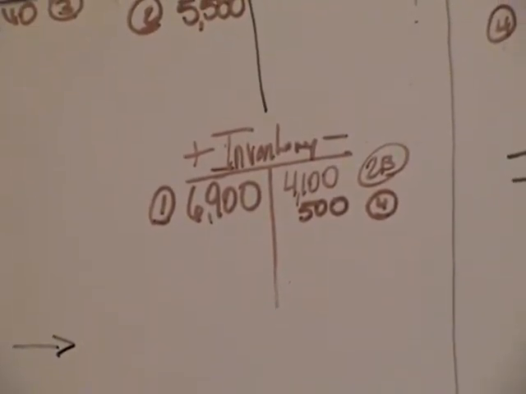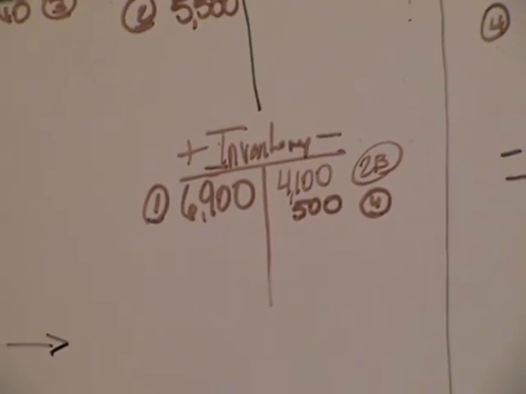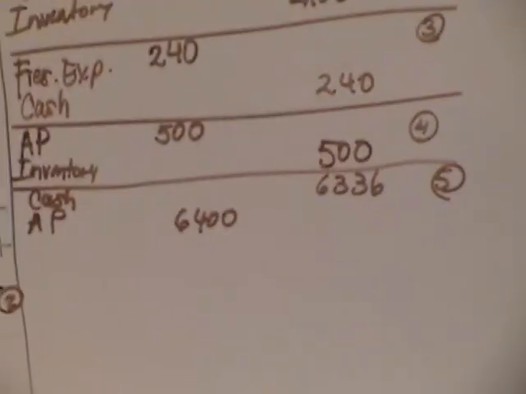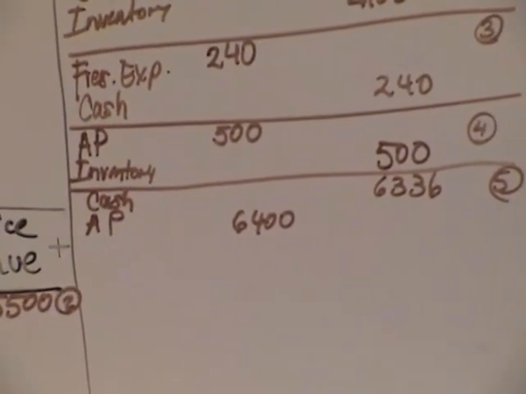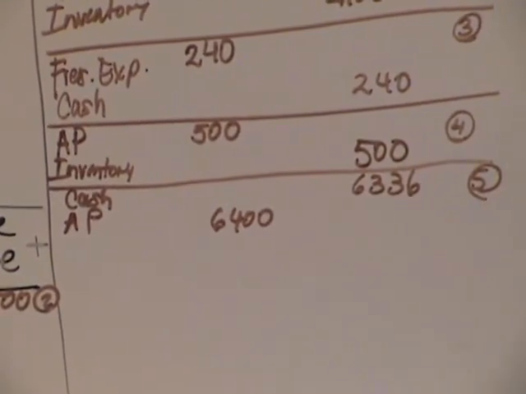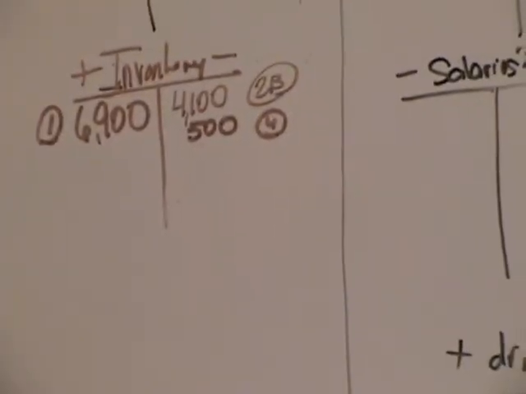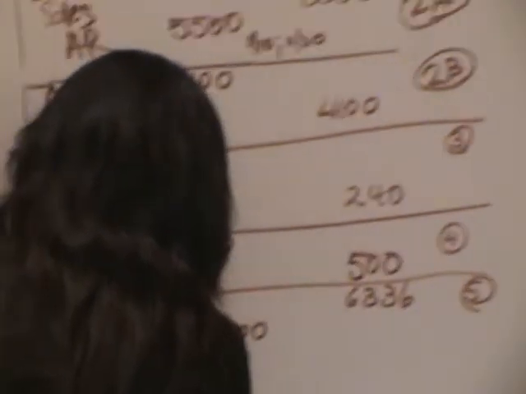You see that? But we didn't pay $6,400 for it. We only paid $63.36. True? The historical cost principle states that whatever I pay for something is what it should be on the books for. So it's too big. I have to reduce it by the $64 discount. So I'm going to reduce inventory by $64.